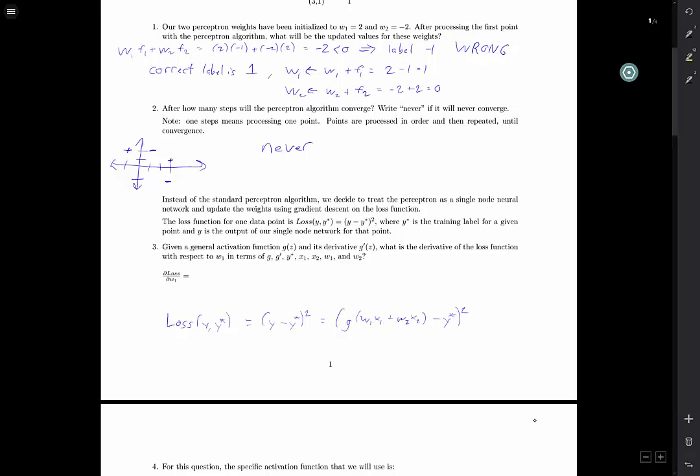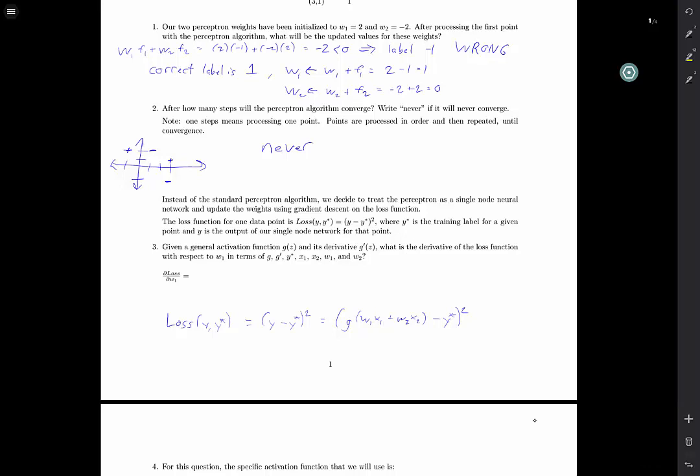So what is this activation function? Well, we'll actually get to that in the next part 4. You can think of it as, we do this dot product, and then g is what we decide to do with it. Do we decide to label it as a -1 or a +1? Okay, so now that we have this, let's write out the derivative of our loss function.